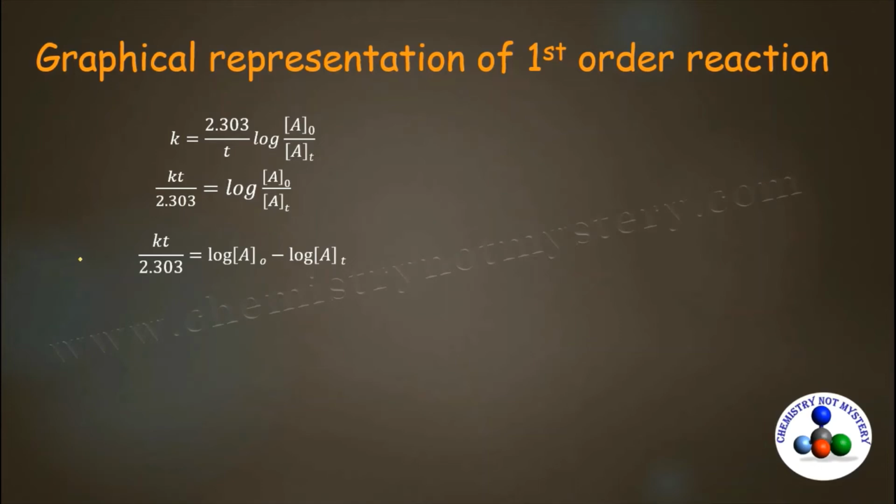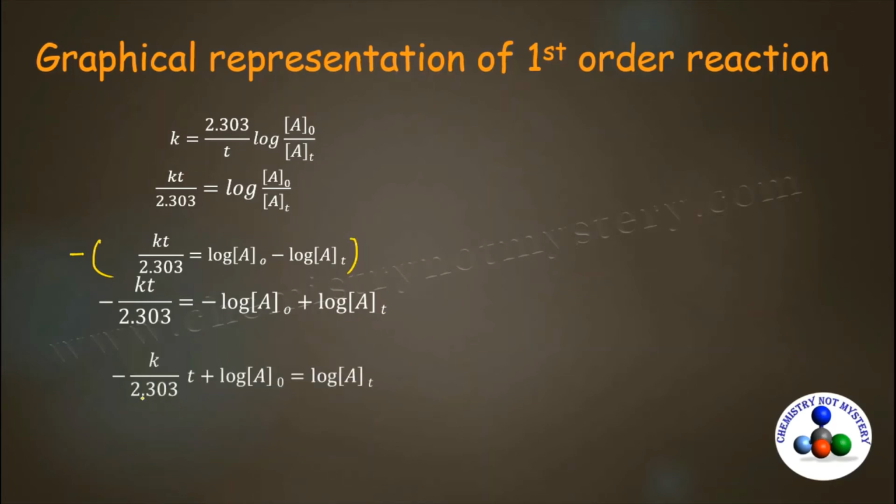When you multiply this equation by a negative sign, you will get minus kt over 2.303 is equal to minus log A naught plus log At. Now rearrange this equation. So you will get minus k over 2.303 multiplied by t plus log A naught is equal to log At.